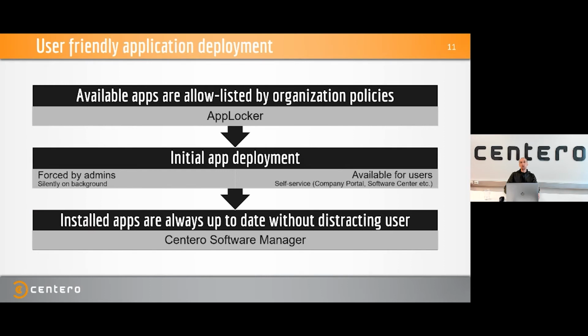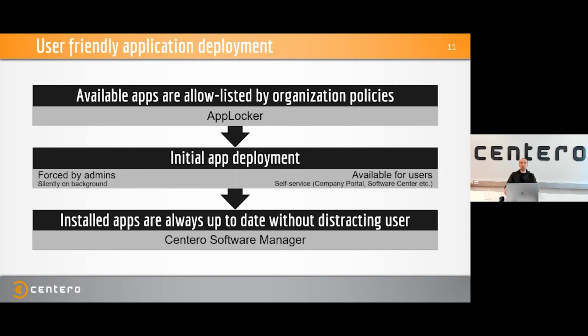So let's go back to the starting slide here. We made the decision that, okay, we need to allow list our applications. So we use AppLocker for allowing our applications. And then we make this decision about the initial application distribution, whether it's a forced installation by admin, so then we will normally install the application silently in the background for the devices, or whether the application is made available for the users.